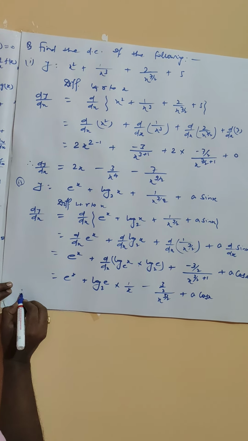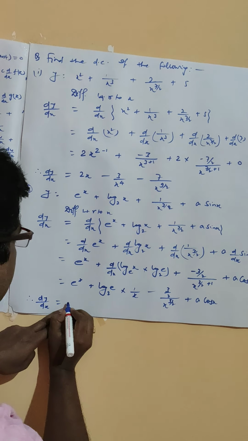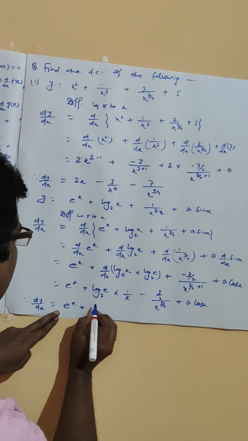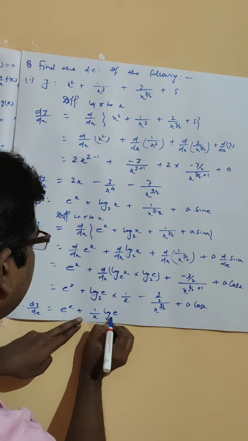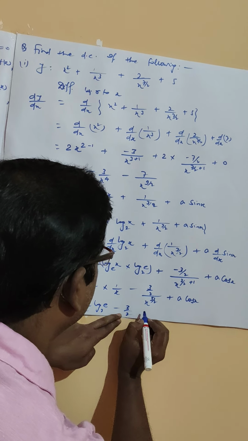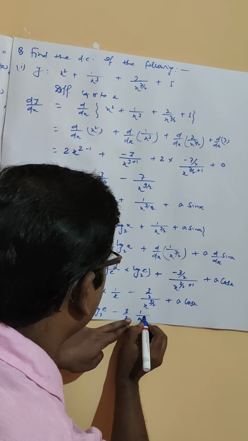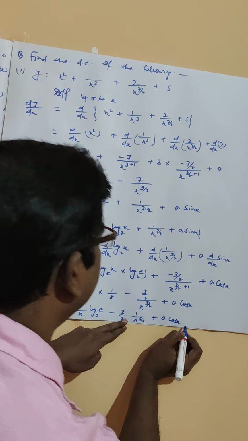Hence dy by dx is e raised to x plus 1 by x log e base 2 minus 3 by 2 times 1 by x raised to 5 by 2 plus a cos x.